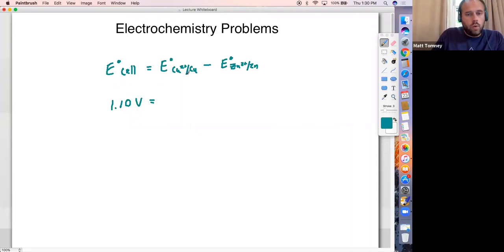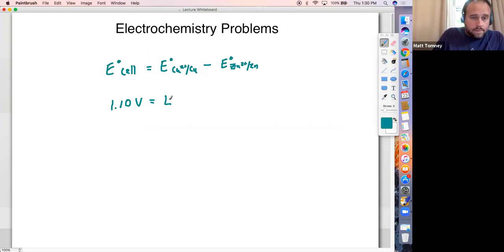Now the question was, what were the individual values here? Now I know one of them because I separated zinc out and I ran it through a standard hydrogen electrode. And we found that that value is negative 0.76. So the way you need to write this, and you have to be very careful with your positives and negatives. It's a very simple mistake to make.